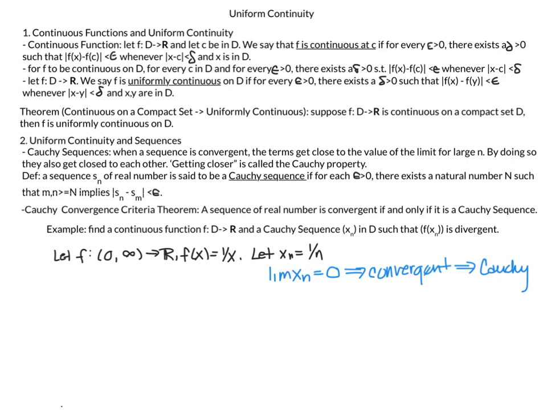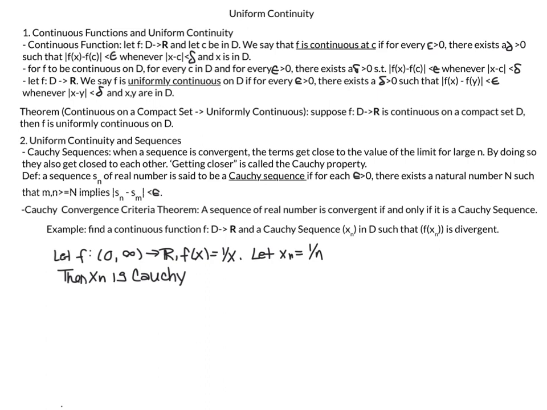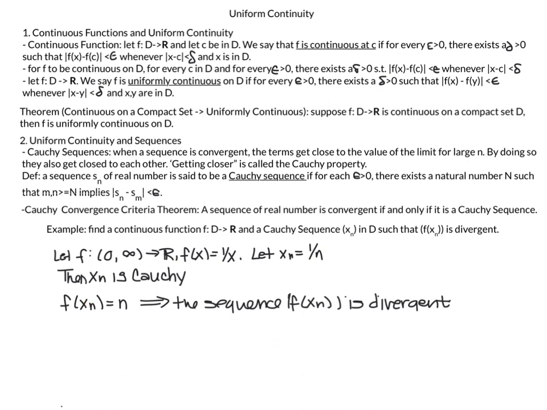We know the limit of 1/n is equal to 0, so it does converge, and therefore, by our Cauchy convergence criteria theorem, it is a Cauchy sequence. Now when we look at f(x_n), that's equal to n, and this sequence diverges. It goes to infinity as n goes to infinity.